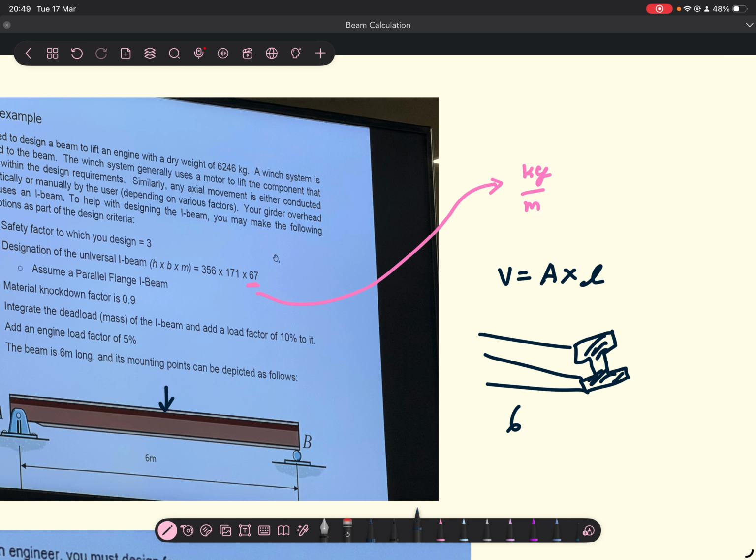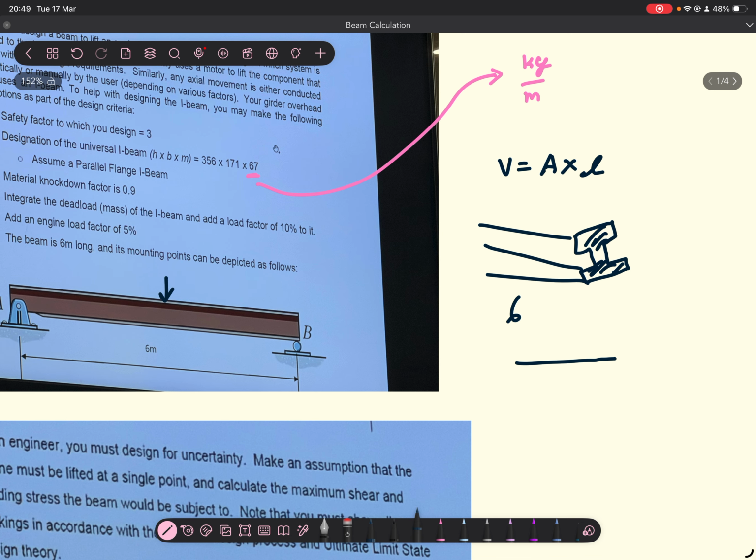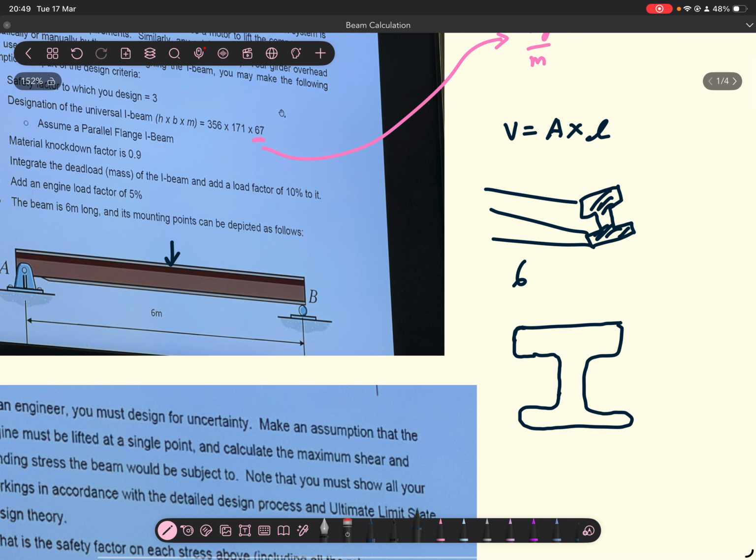You could take the time to calculate the area, knowing that an I-beam has these nice little fillets and rounds in them. I'm just going to draw it like that. So your area you wouldn't be able to calculate very easily. It will also be very tedious.